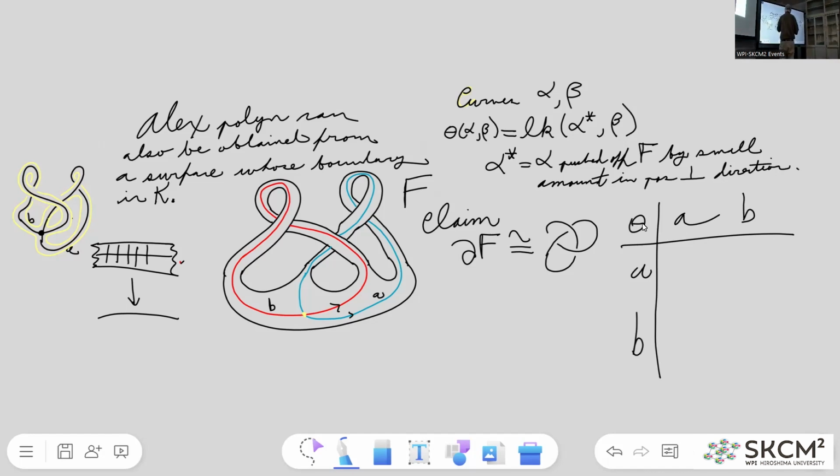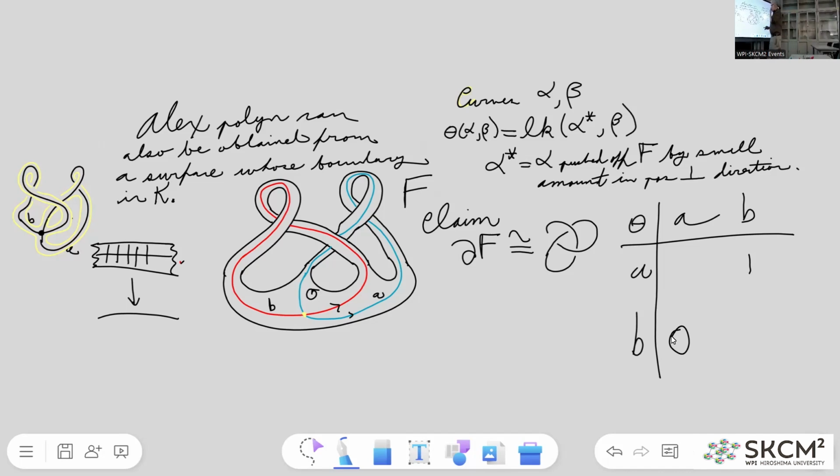If I take A and I push it, and let's suppose the positive normal is out of this, in the normal direction like that, so I push A upward a little bit, and it's no longer intersecting B, but it's going around B now, and it's got a positive linking number. So A would be a 1. On the other hand, if I push B up, I get 0 because now B is floating above A completely. I get a 0 linking number.